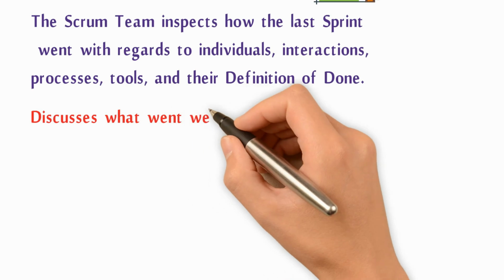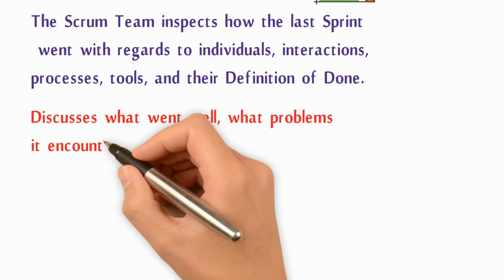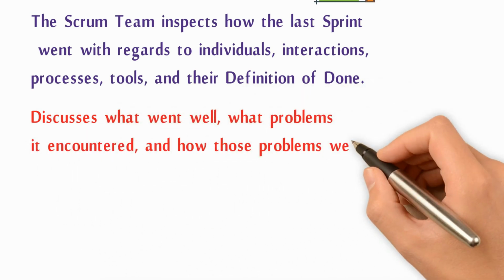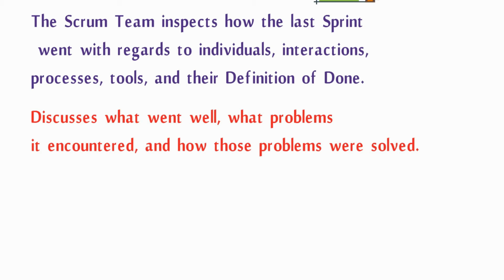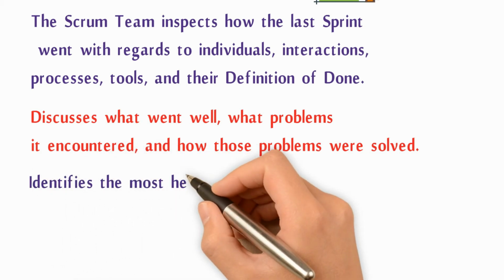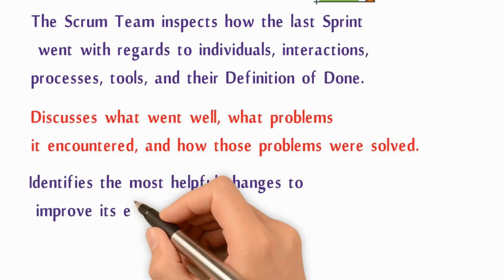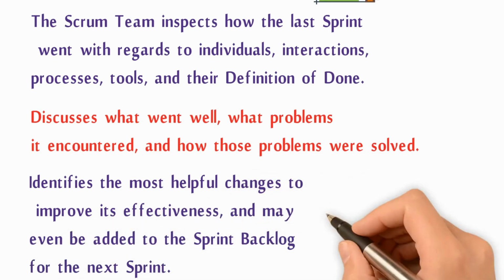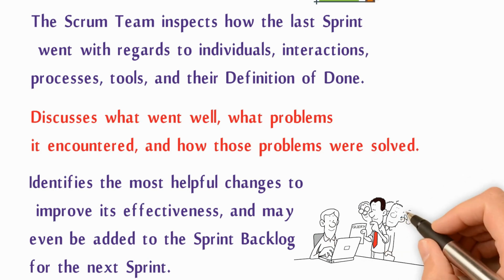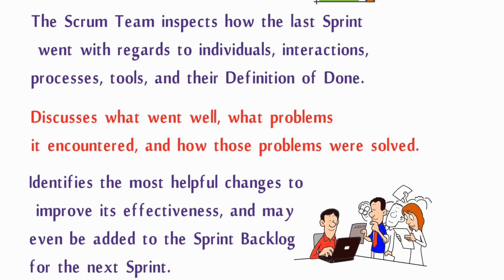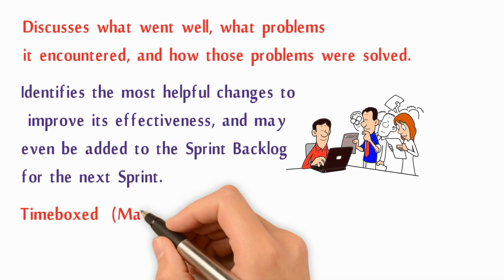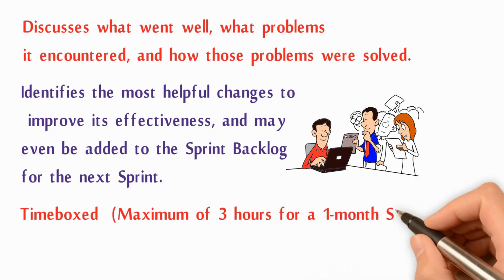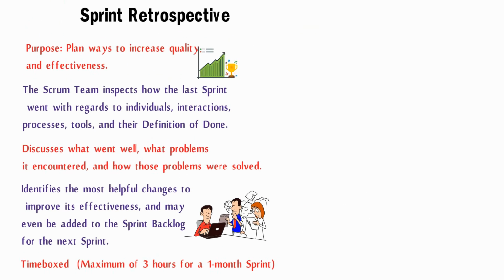Discusses what went well, what problems it encountered, and how those problems were solved. Identifies the most helpful changes to improve its effectiveness, and may even be added to the sprint backlog for the next sprint. Time box, maximum of 3 hours for a 1-month sprint.